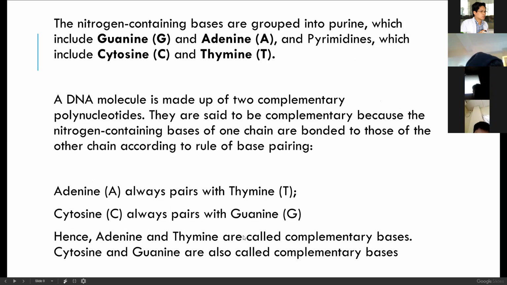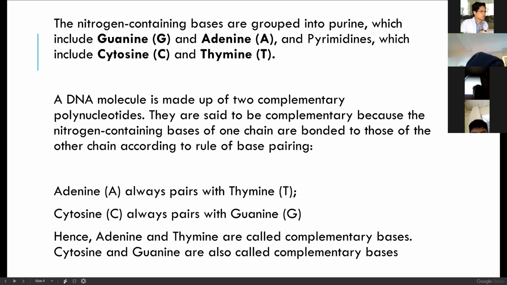Nitrogenous bases are grouped into purines, which include guanine and adenine, and pyrimidines, which include cytosine and thymine.